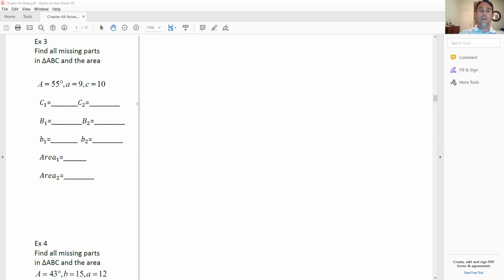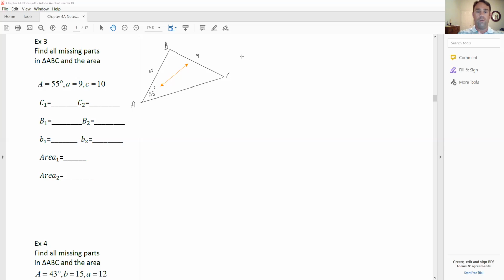So I'm looking at it here. I have my angle, side A, side B, side C, or angle A, angle B, and angle C. So angle A was 55 degrees. I know that small a is 9 and small c is 10. So notice, I have two sides, and I know the angle opposite one of those sides, the angle I was given is opposite one of those sides, and it's less than 90.